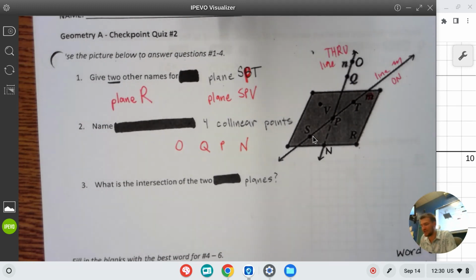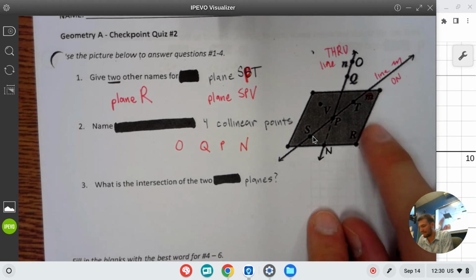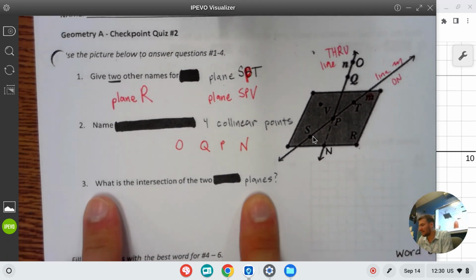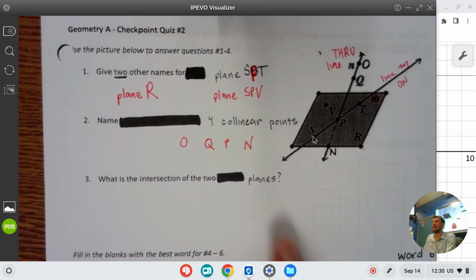And here's just a general question that doesn't really have anything to do with this picture. What is the intersection of 2 planes? If you have 2 planes that intersect each other, what is their intersection like?